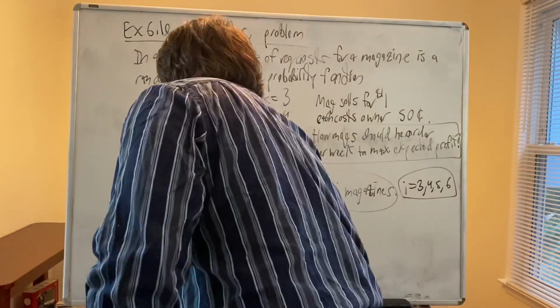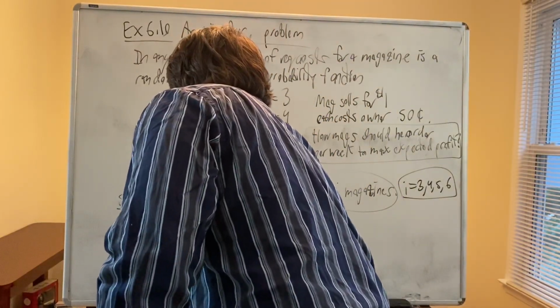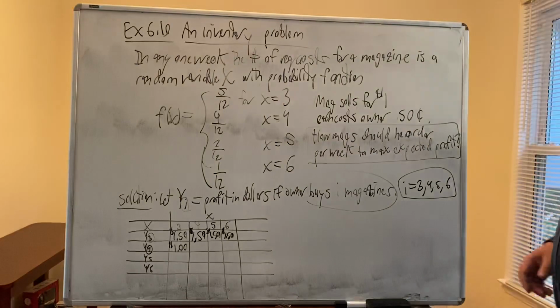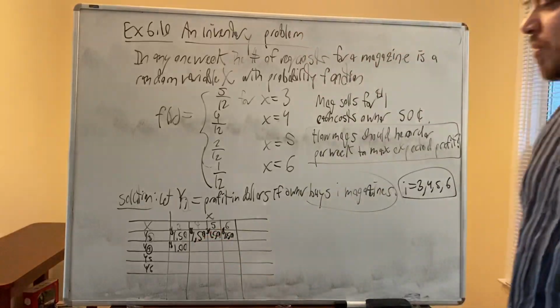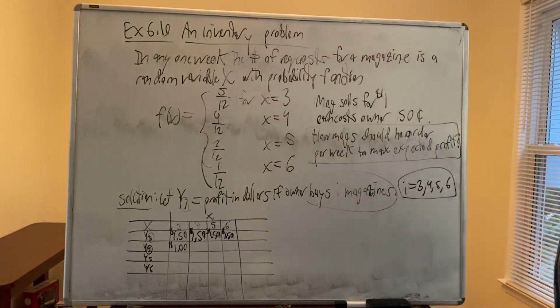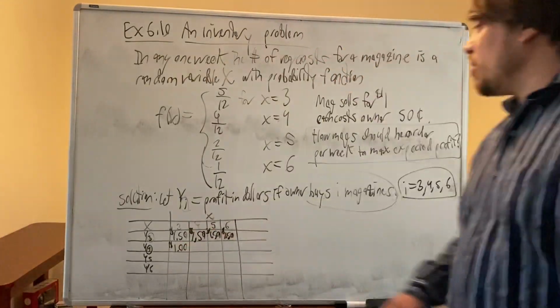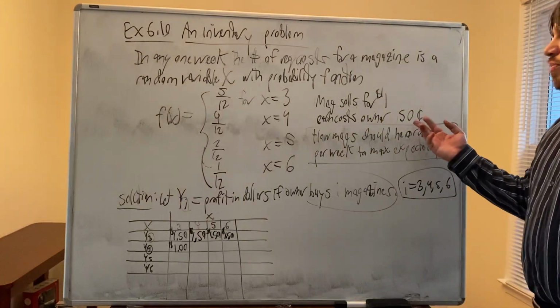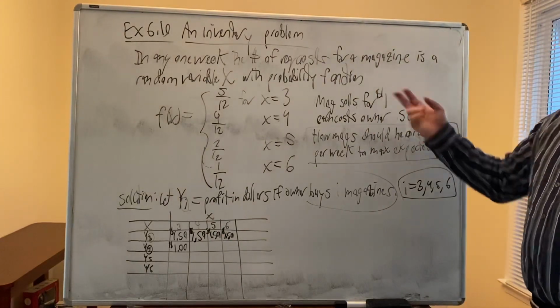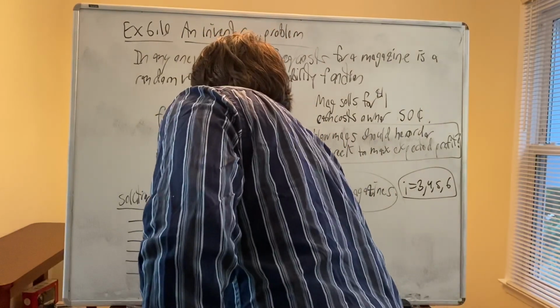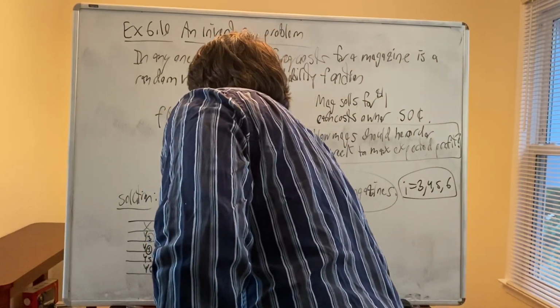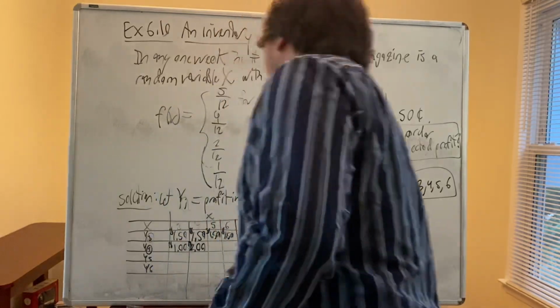He makes a total of $1. So he makes 50 cents less if there's only 3 requests. Now, if he buys 4 magazines and there's 4 requests, it costs him $2 to buy those 4 magazines, but he makes $4 by selling all 4 of them. So he nets $2. And so now he makes an additional 50 cents.